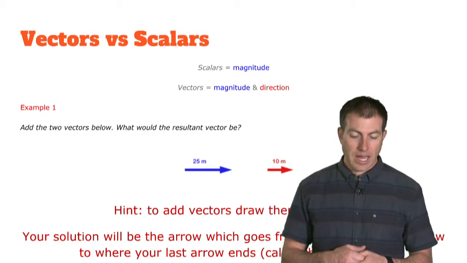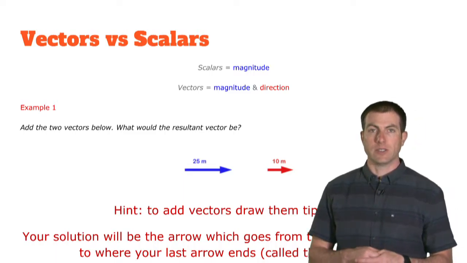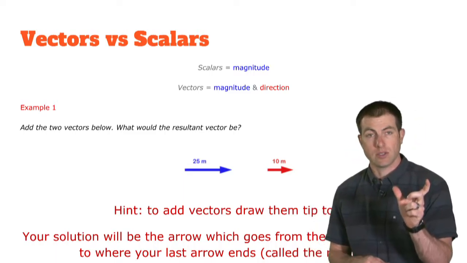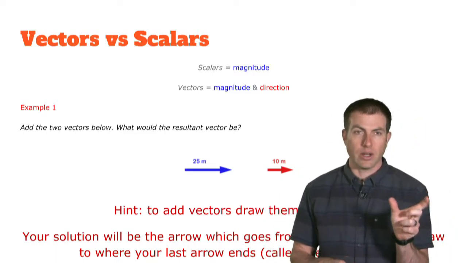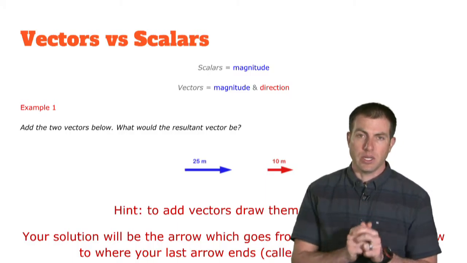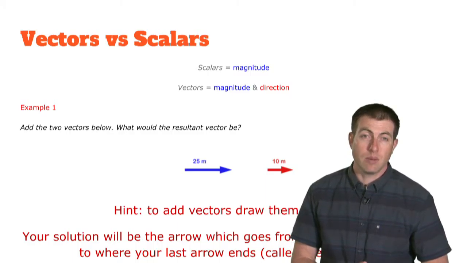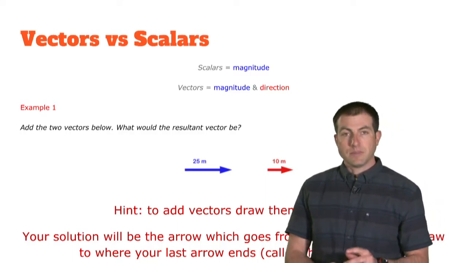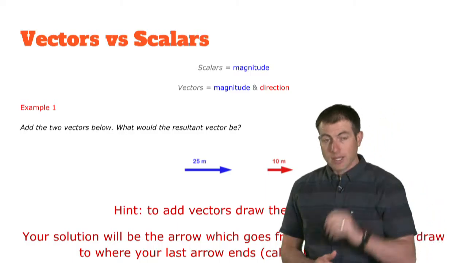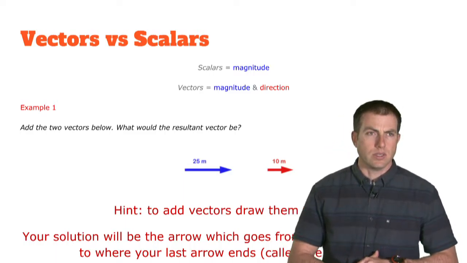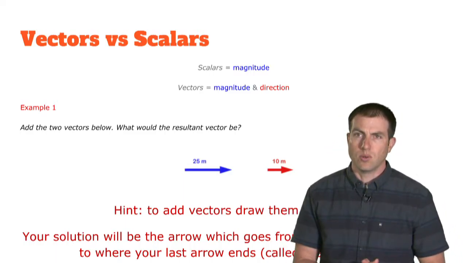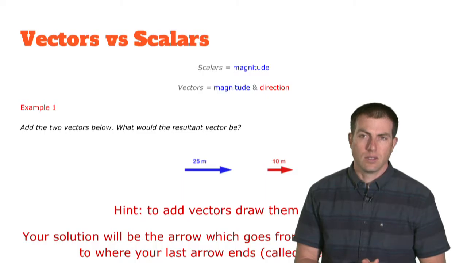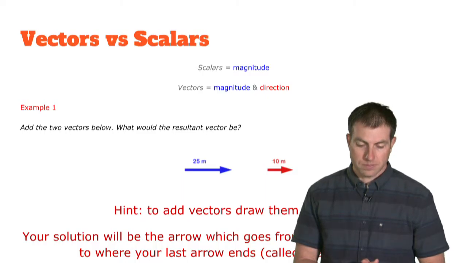So if I added the two vectors here, I have a little arrow that is 25 meters and then another arrow that is 10 meters, and they happen to be going in the same direction. They're both going to the right. What would be the resultant vector? If we had to add these two things together, what would be the resultant?